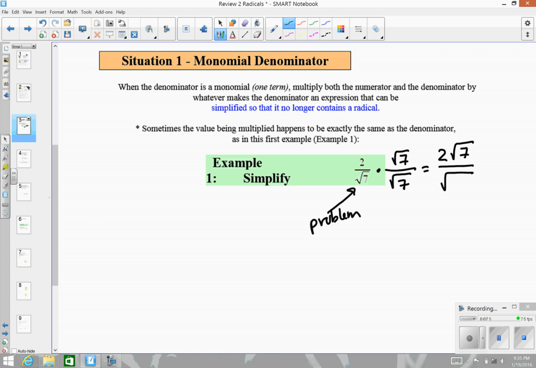I'm going to multiply the 7 times 7 and get 49, which is a perfect square, so I'm going to simplify that. And that denominator becomes just a 7. Nothing more I can simplify, so I'm finished with this one. But always make sure you check to see if you can simplify further.